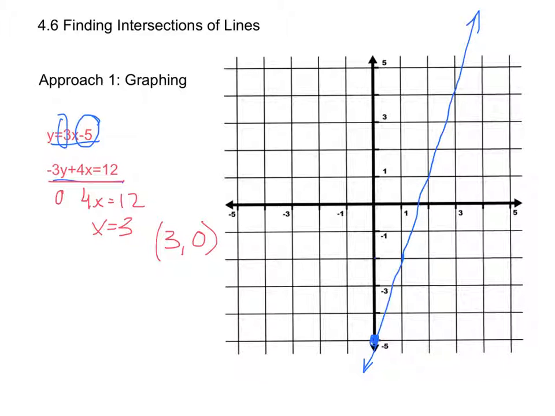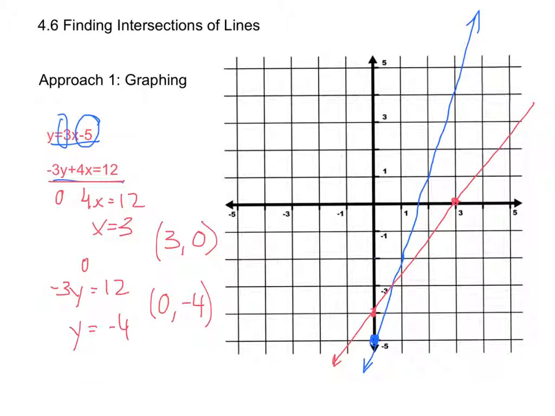We can do the same thing with x. Say x is 0, we're going to have negative 3y equals 12, so y equals negative 4, and that's the y-intercept. Then we can plot both of those points, and that will give us just enough to make the line.